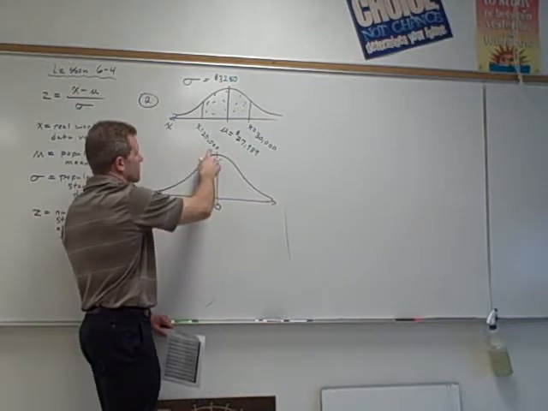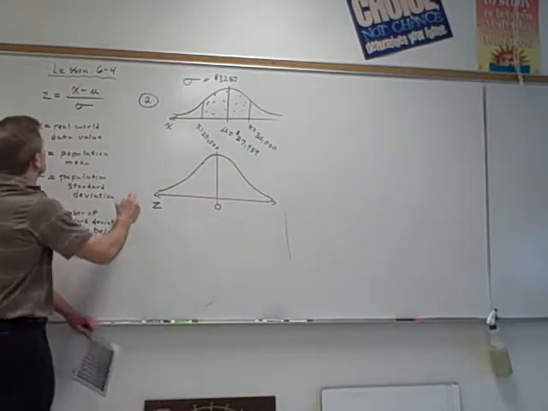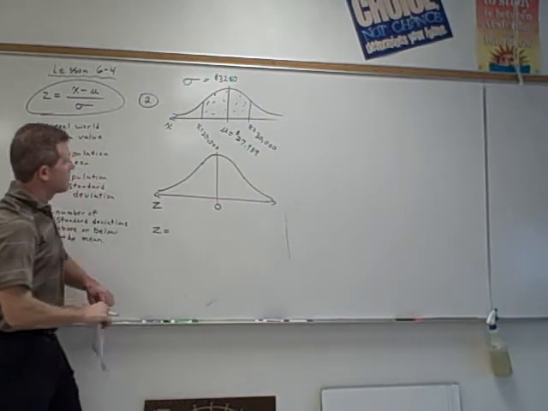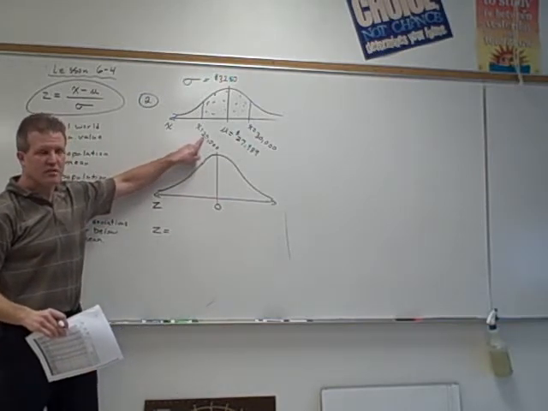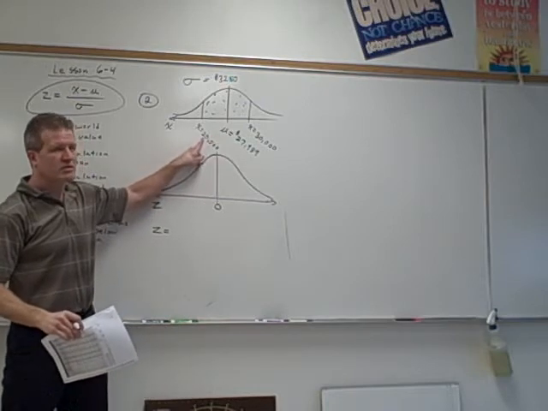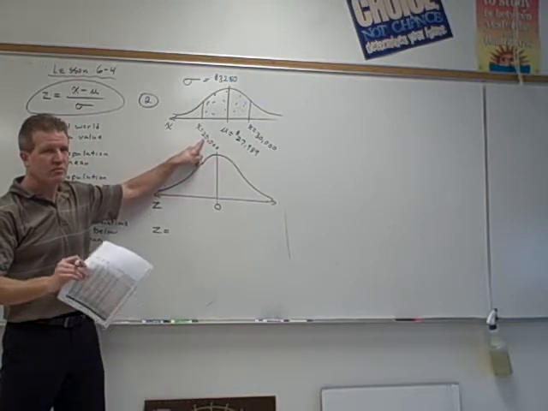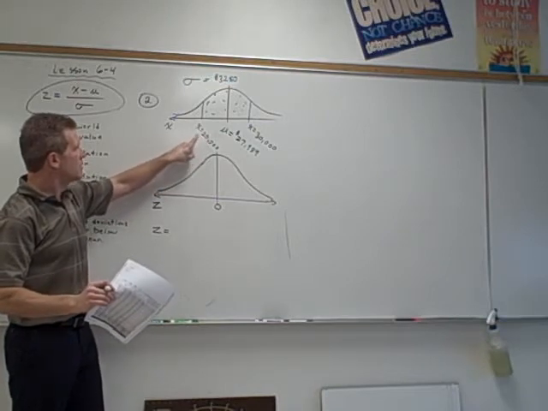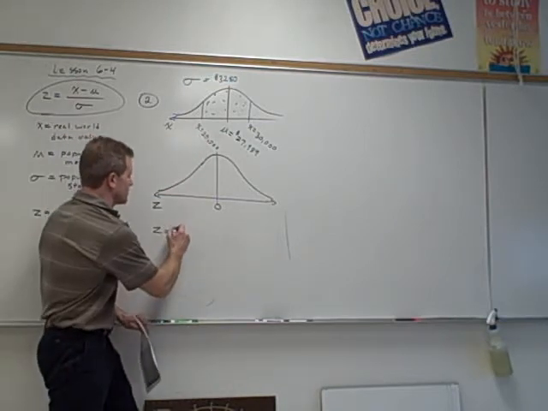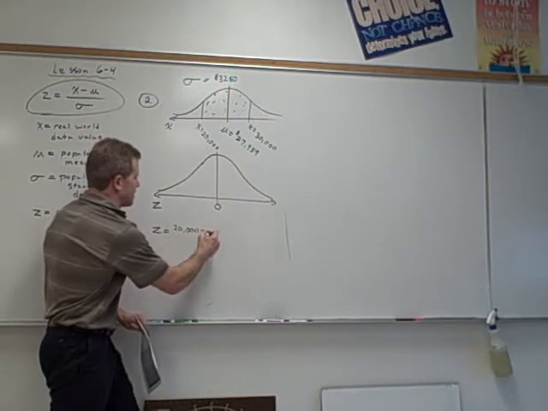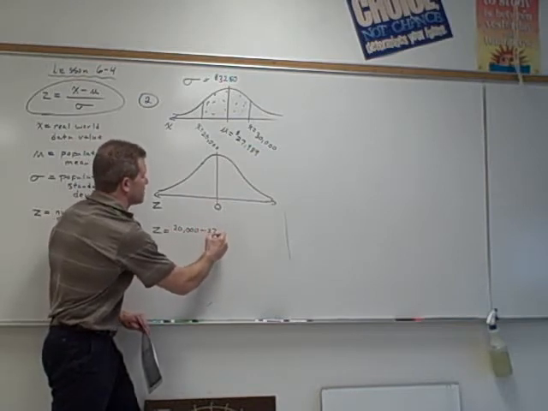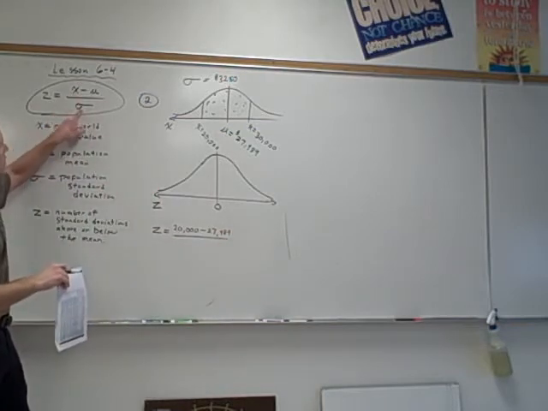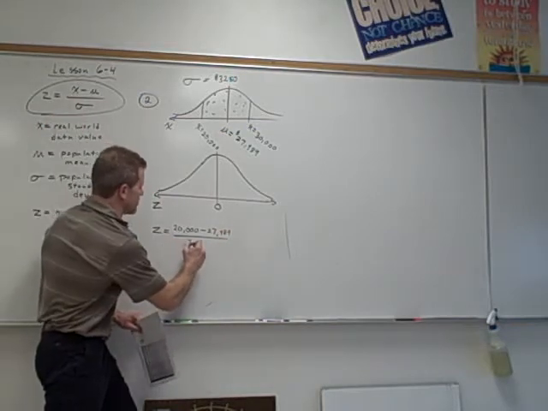But to get the z-score for 20,000, I'm going to have to use my z-score formula. It's obviously going to be a negative because that 20,000 is below the mean. And remember, the z-score tells me how many standard deviations are below the mean or above the mean. But because I'm below the mean, I'm going to get a negative z-score. So I'm going to take my real world value of $20,000 minus my mean of $27,989, divided by the standard deviation of 3,250.